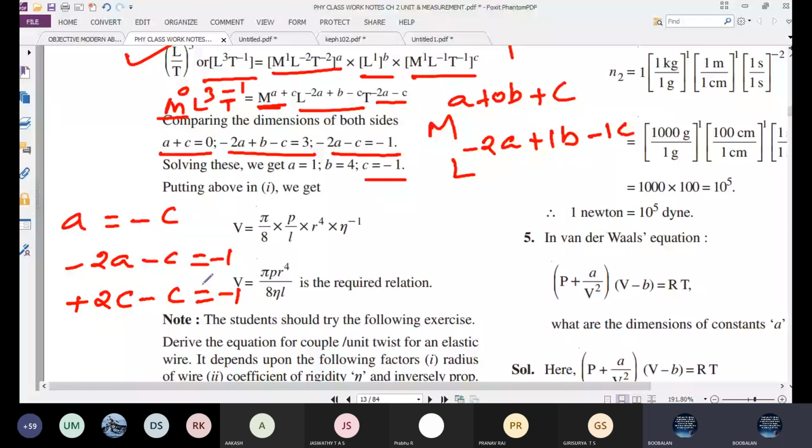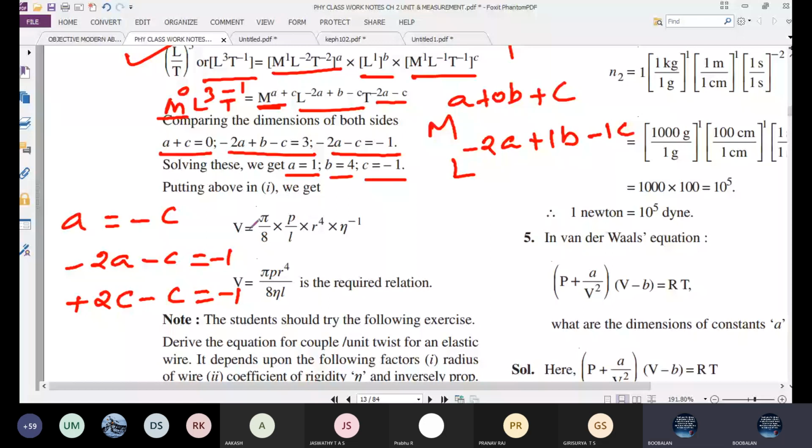Now you know the value of a and c. Apply into equation number 2, for your understanding purpose. Okay. So b value 4, a value 1, b value 4, c value minus 1.